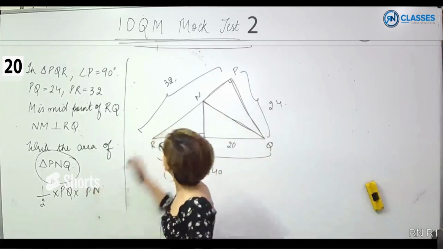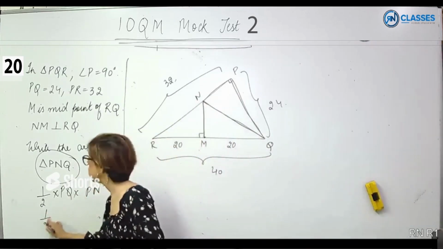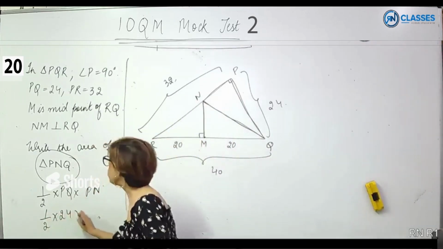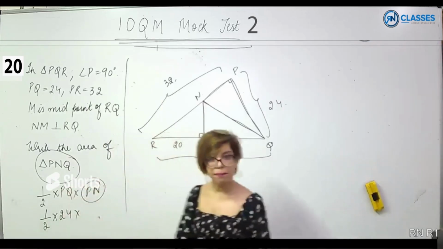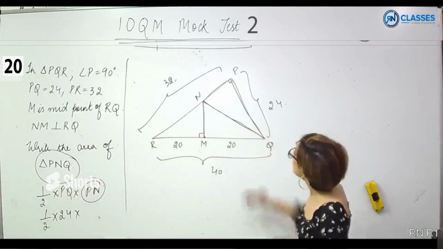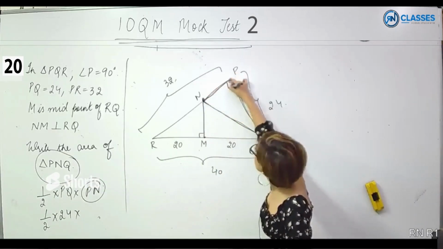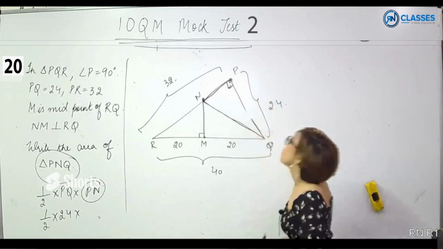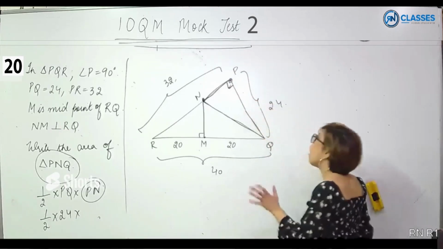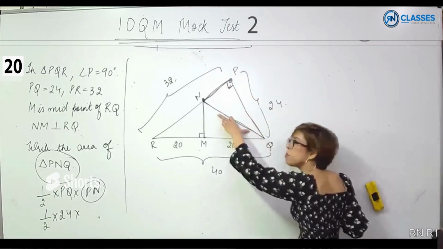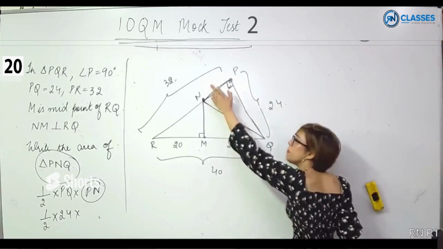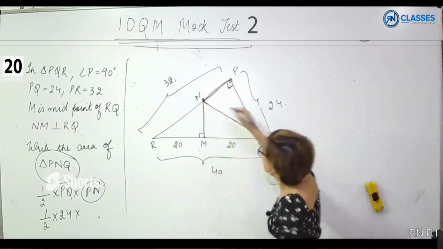Right? Now I already know PQ, which is 24. All I need to do is find out the value of PN. Okay. Now PN is this length. In order to find out this one, I know that this is a right triangle. That means if somehow I get to know this side using Pythagoras theorem, I can find out this one. That means I want NQ now.